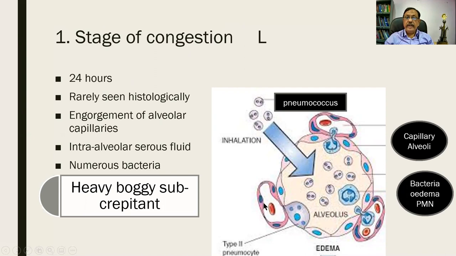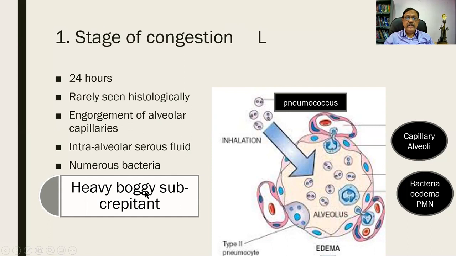And what we are finding is an engorgement of the alveolar capillaries. The capillaries are becoming engorged, and there will be numerous bacteria that are there. The patient has inhaled and they have started multiplying. The defense mechanism is also starting to be in action, but initially there will be only a plain fluid with numerous bacteria.